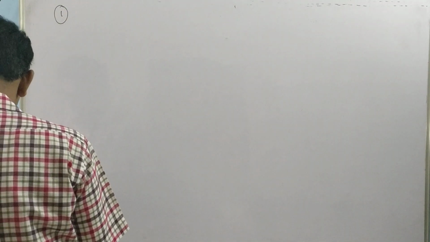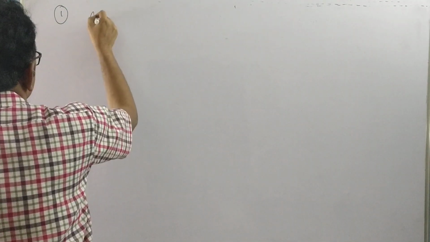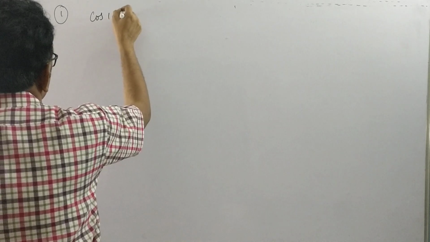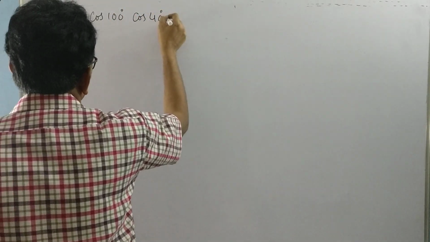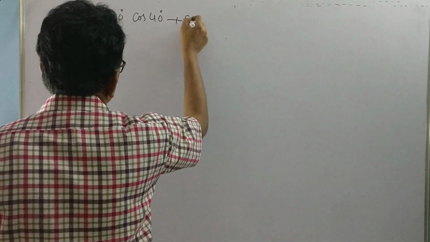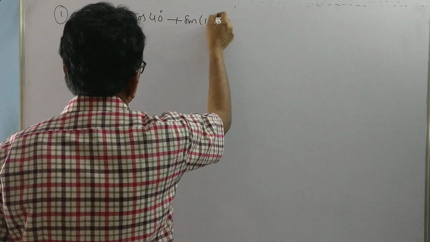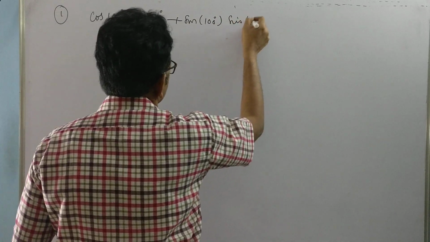First problem, find the value of cos of 100 degrees into cos of 40 degrees plus sin of 100 degrees into sin of 40 degrees.